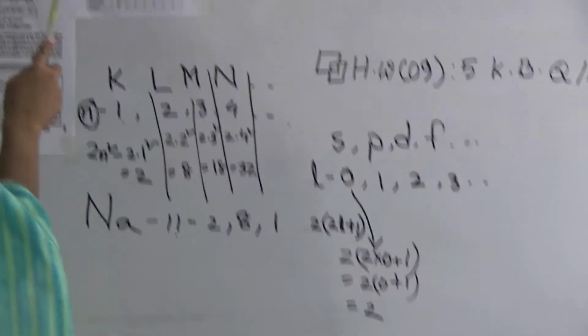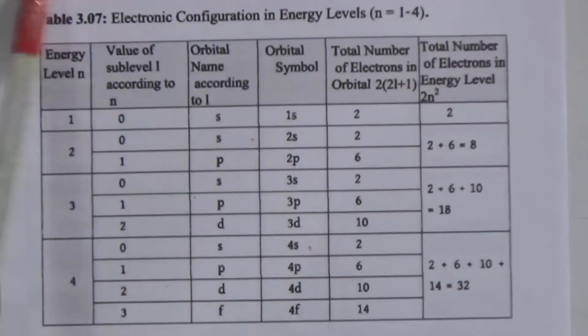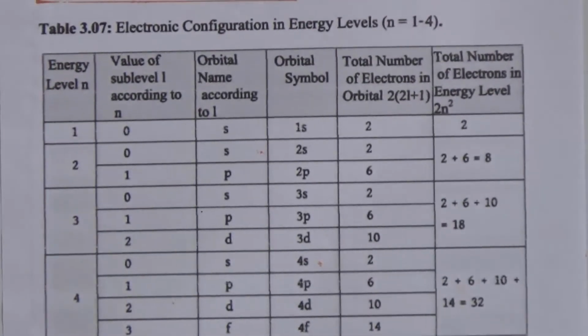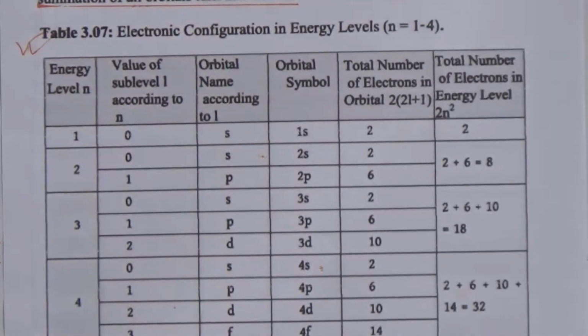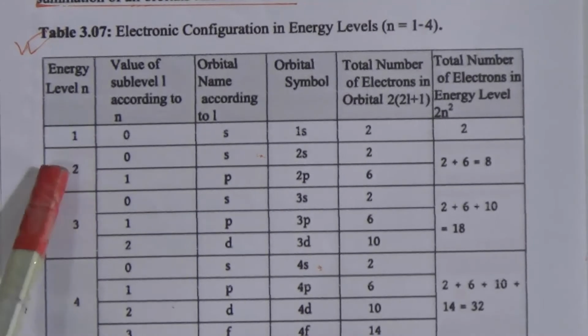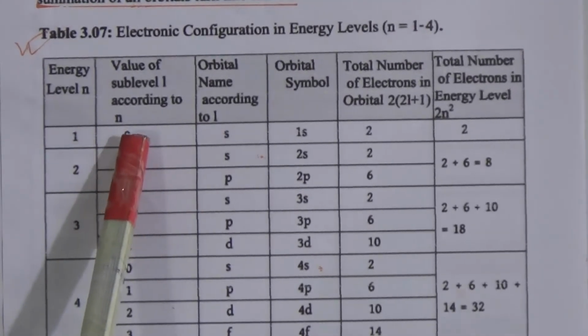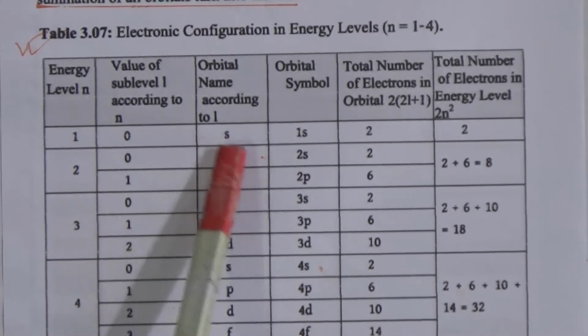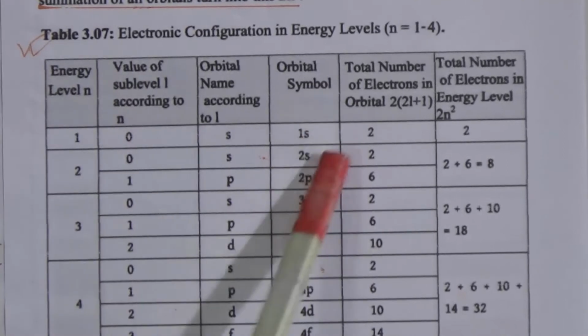Come to the table, there is an electronic configuration for energy levels n equal to 1 to 4. This electronic configuration you have to learn. First one, if energy level n is 1, then sub level will be 0, and the name of the orbital will be s, and the orbital symbol is 1s.